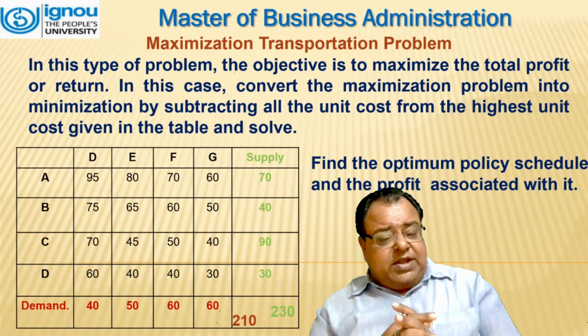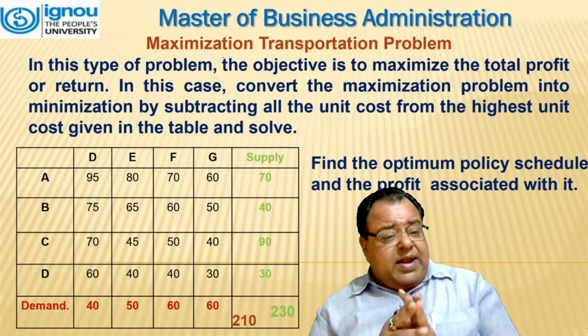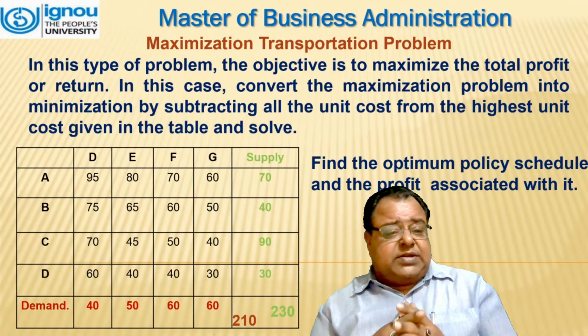This is the problem which is given to us. We can see that the demand is 210 and the supply is 230. It's not a balanced one.